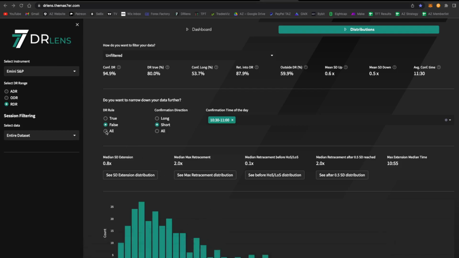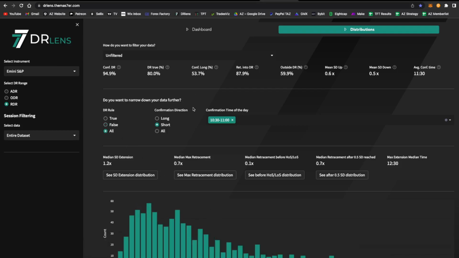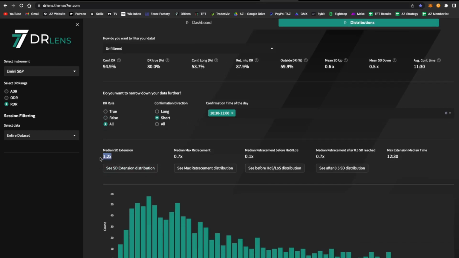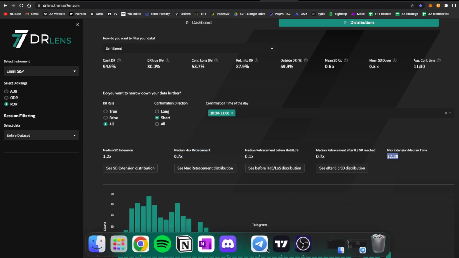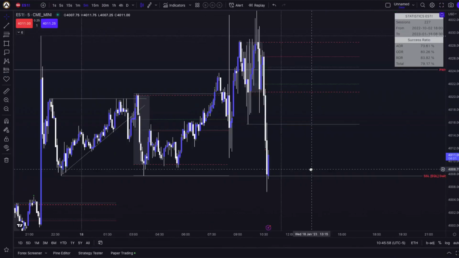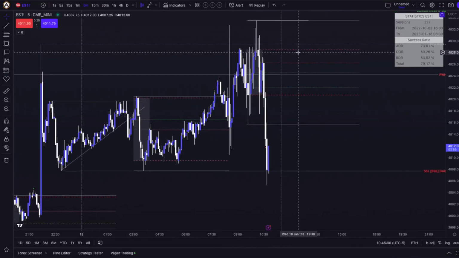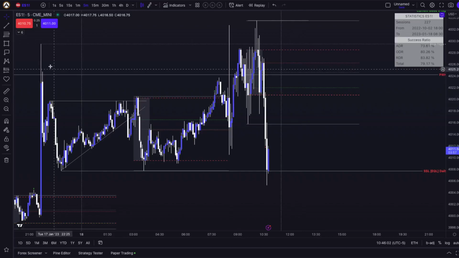Okay, let's go for all. But I mean, we already have the confirmation direction and the time. So yeah, median standard deviation would be 1.2, max retracement 0.7. And the max extension median time would be 12:30. And I mean, we're pretty far away from that. And we theoretically already hit our target measuring from our IDR high and IDR low.